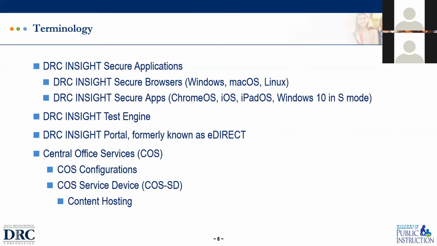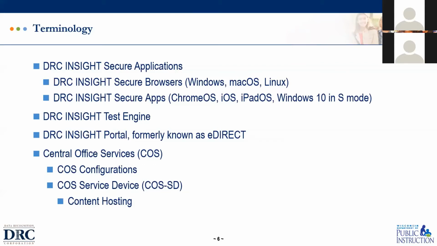One is the DRC Insight Secure browsers, which run on the Windows, Mac, and Linux platforms, and those are available on the DRC Insight portal. And then the DRC Insight Secure apps that are available in the app stores for the corresponding vendors' websites for Chrome, for Apple iPads, and for Windows 10 in S mode. We'll talk in a few minutes about that in a little more detail.